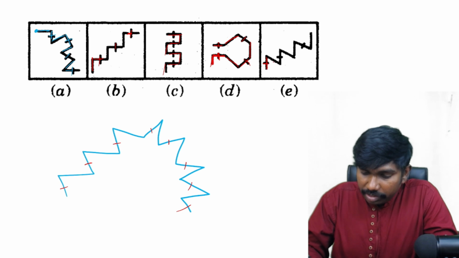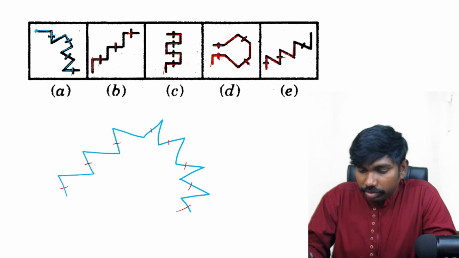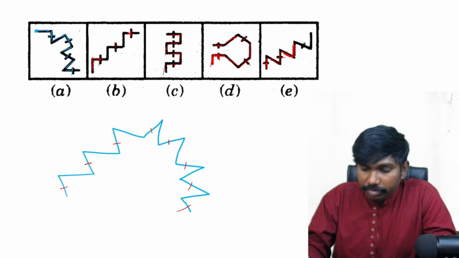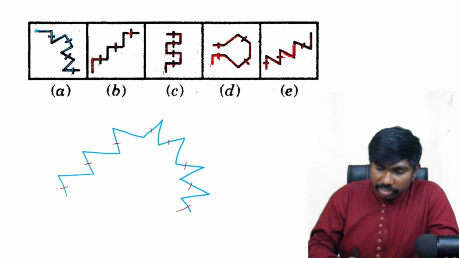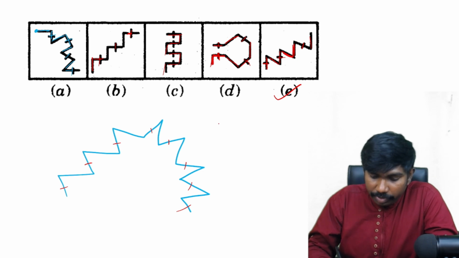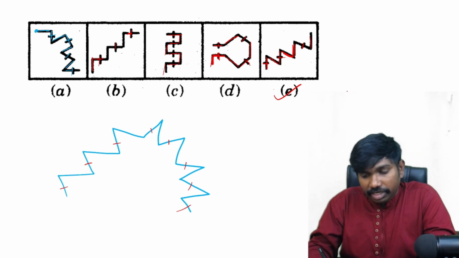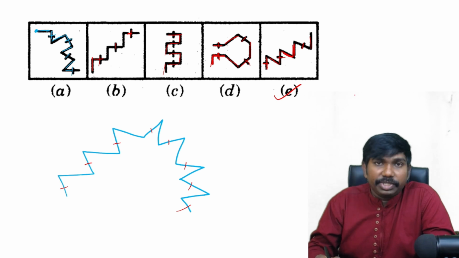And this one, cut, no cut, cut, no cut, no cut. Two lines are there adjacently which are not having any cut. Again cut, no cut. So the answer is option E, because the lines cut are alternate except in option E.